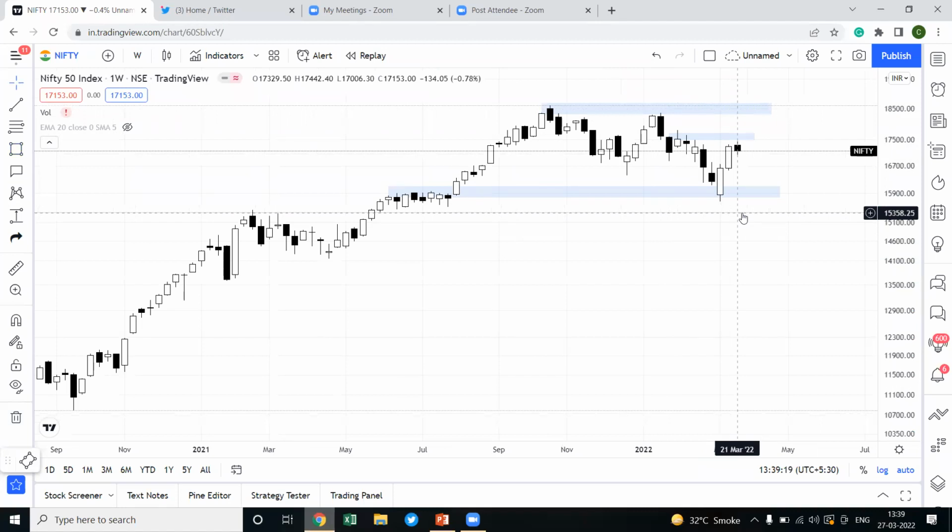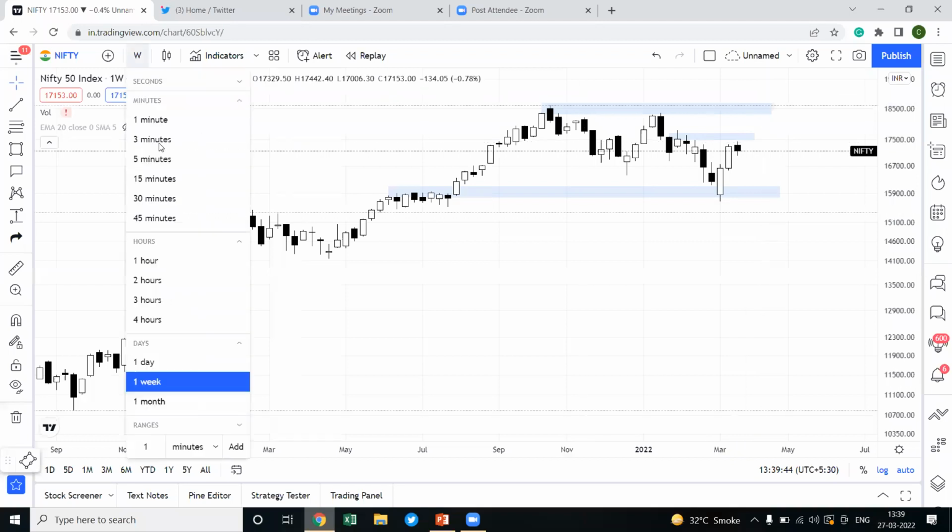Unless and until Nifty crosses the 17,600 mark on a weekly basis, we cannot say that Nifty has completed its correction and will again continue its momentum to the upside. Till then, Nifty might be in the range of 16,500 to 17,600. So this is the broad range for Nifty on the weekly chart.